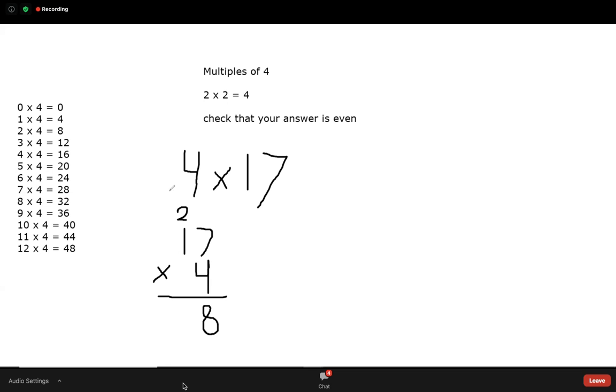So 4 times 1 will be 4. And then we need to remember to add this 2. So 4 plus 2 is 6. So our answer would be 68. And the way we check this is we look at the last number and we make sure that it is even. And in this case, 8 is an even number, so 68 is even. So that'll be our answer.